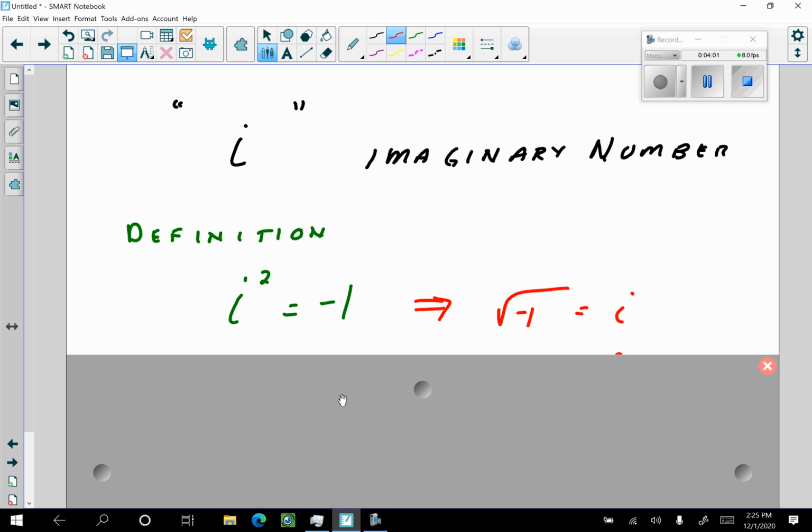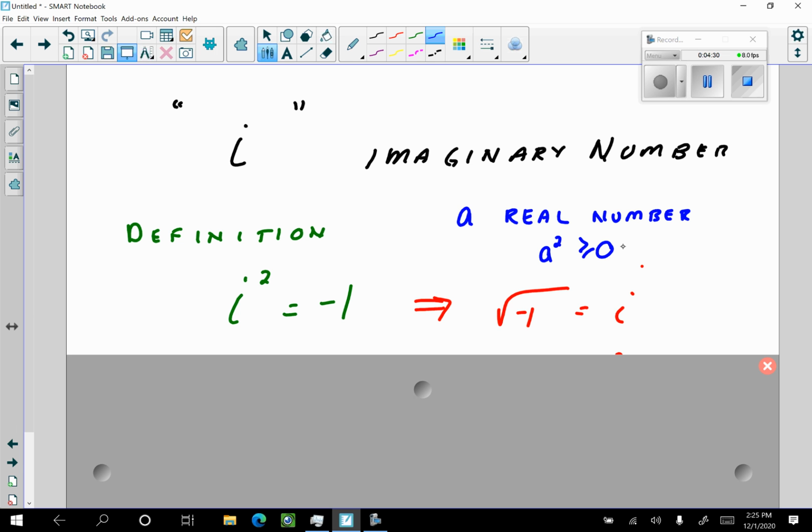And what you need to understand is that if a is any real number, could be negative, could be positive, could be anything, a squared is greater than or equal to 0.